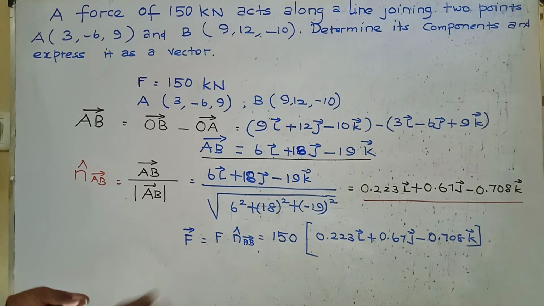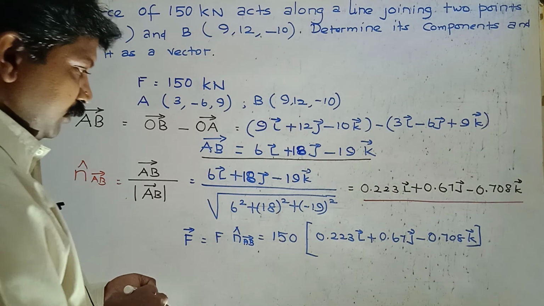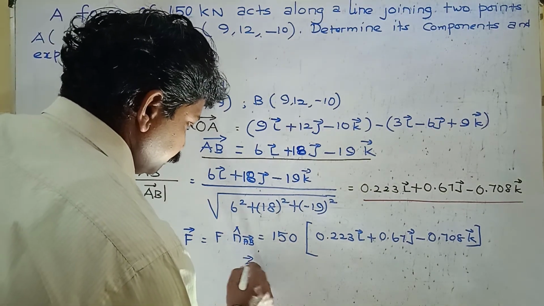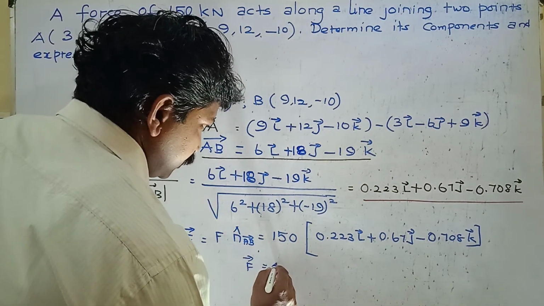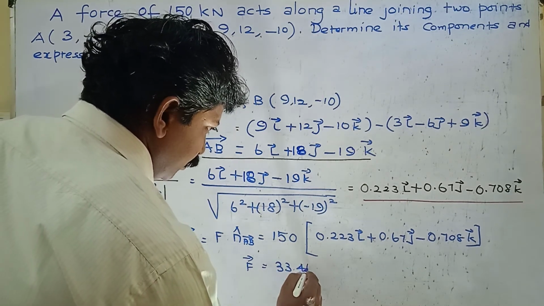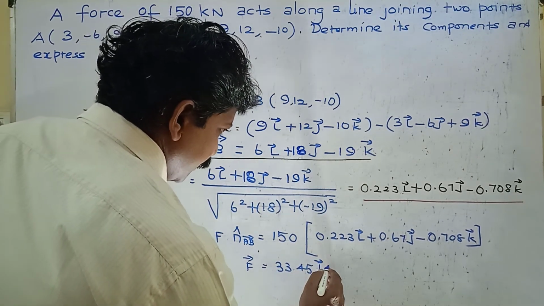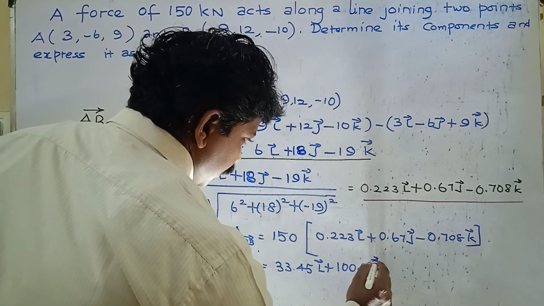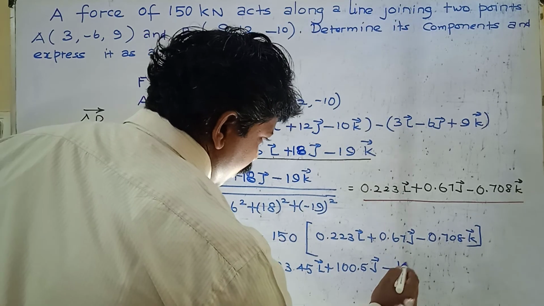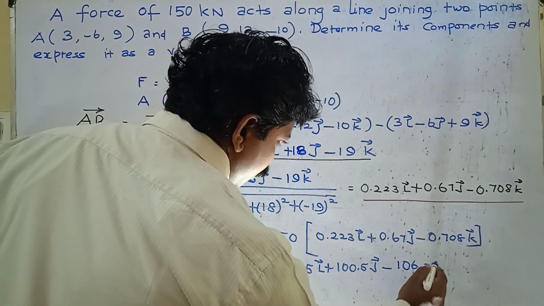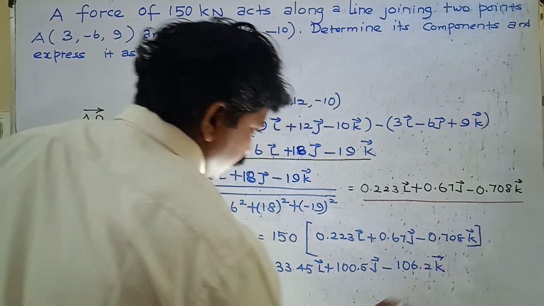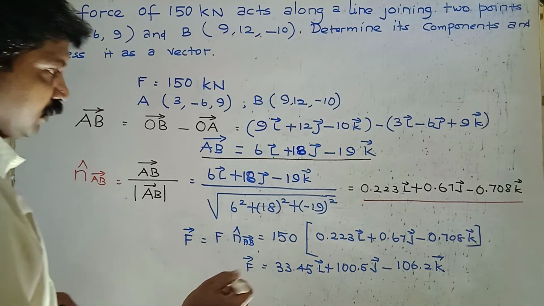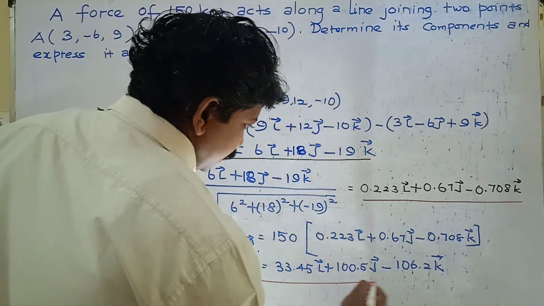So multiplying by 150, the F vector equal to 33.45 I vector plus 100.5 J vector minus 106.2 K. This is our result.